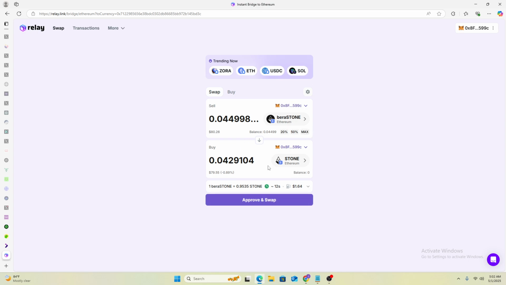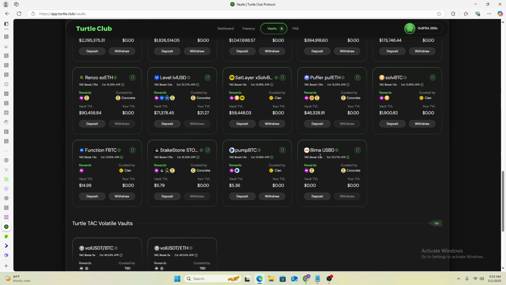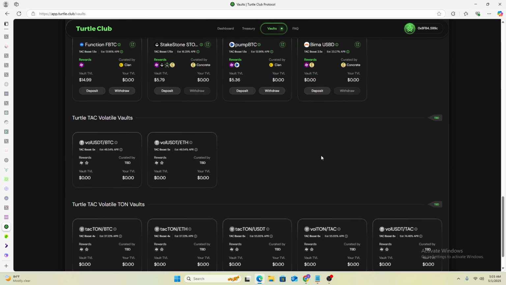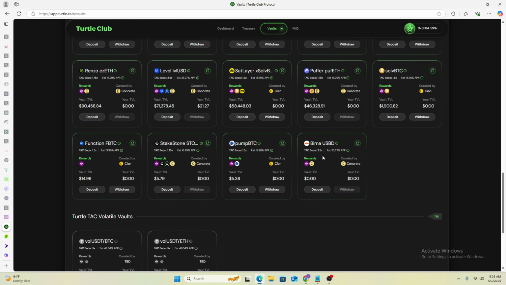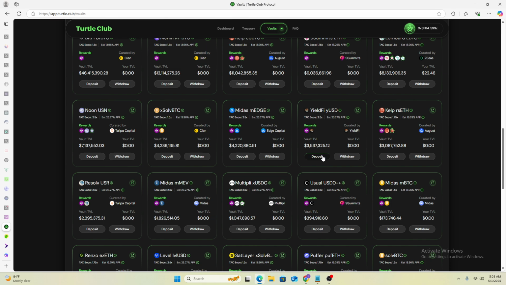Okay, and that's about it. Then when I convert it to stone, I can deposit it here. That may be the case with you as well. So exhaust those opportunities instead of having idle funds sitting in your wallet. That's the beauty of liquid staking, composability into different strategies.